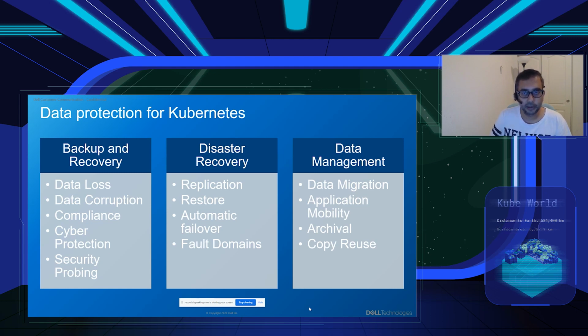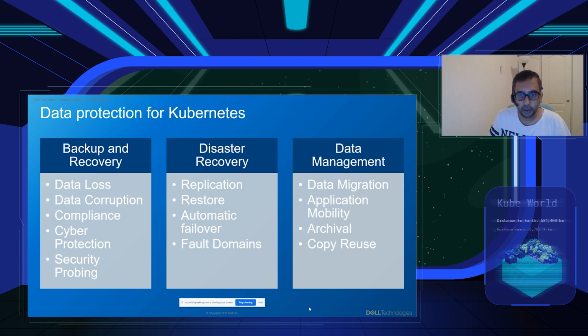And the second pillar that the data protection solution needs to address is disaster recovery. So this is a larger failure. For example, there can be a hardware failure, a site-wide failure, flooding, an electrical outage, all kinds of major events, or even minor events, like hardware failure, which is pretty common.